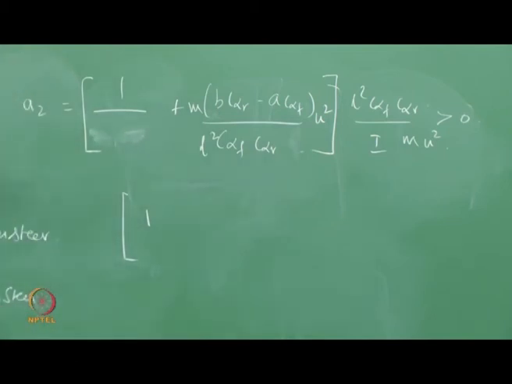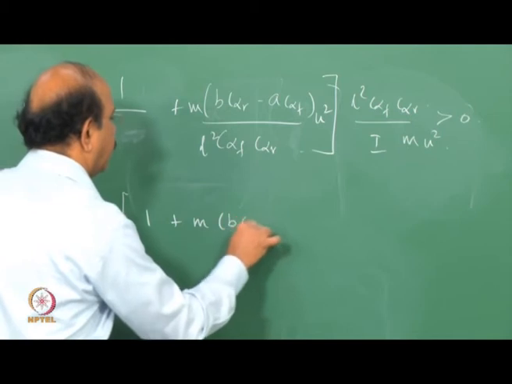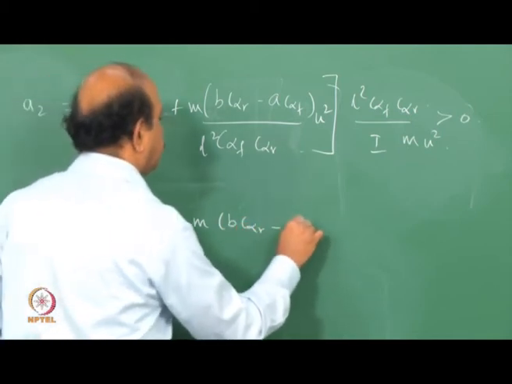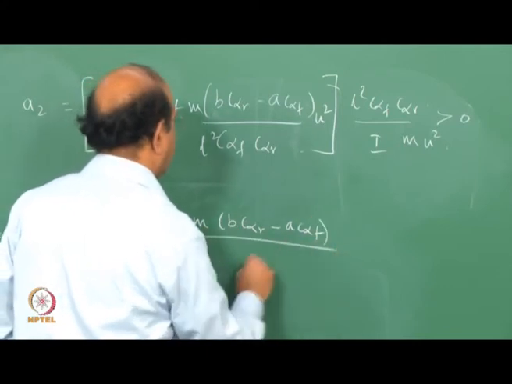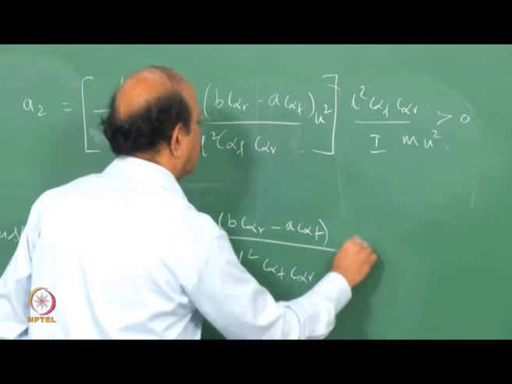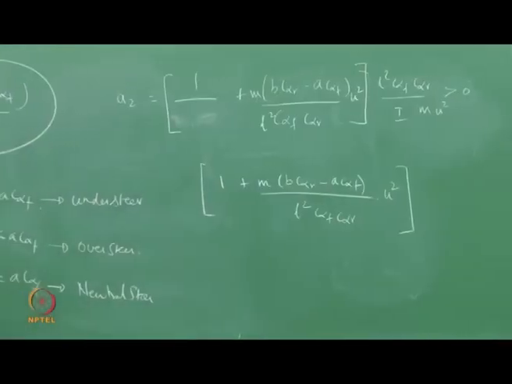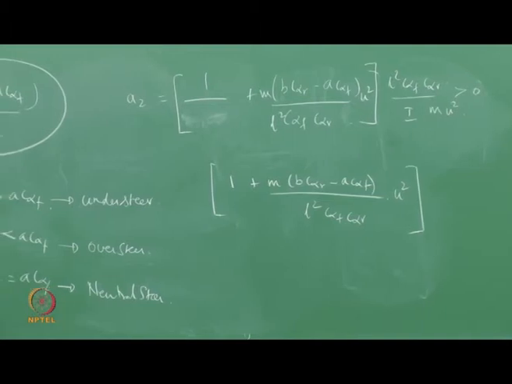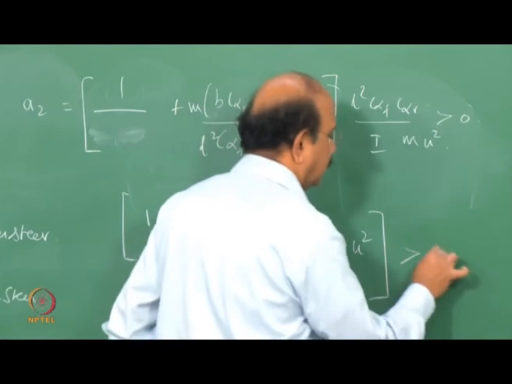Because u squared is positive, no problem. So my term reduces to m into BC alpha R minus AC alpha F divided by L squared C alpha F C alpha R into u squared, and that should be greater than 0.